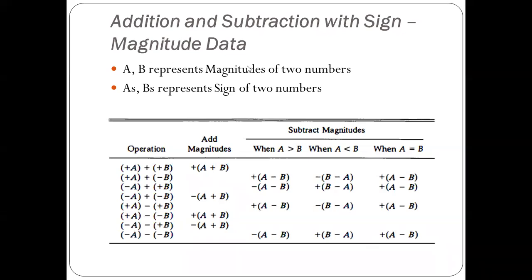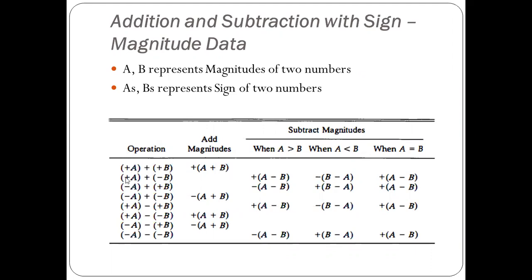Okay, so if the two numbers are of n bit width, A and B, they represent the magnitudes of width n minus 1. AS and BS, which are of 1 bit width, represent the signs.